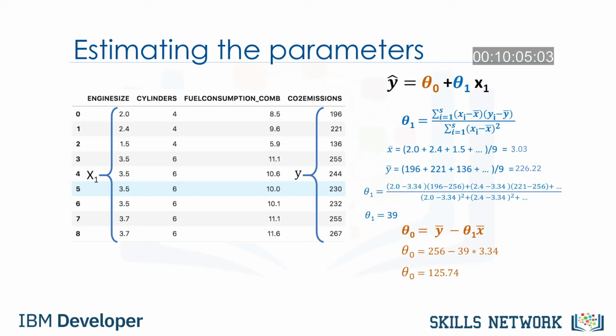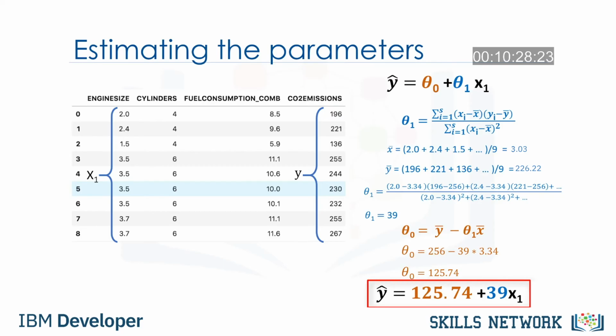As a side note, you really don't need to remember the formula for calculating these parameters, as most of the libraries used for machine learning in Python, R, and Scala can easily find these parameters for you, but it's always good to understand how it works. Now, we can write down the polynomial of the line.